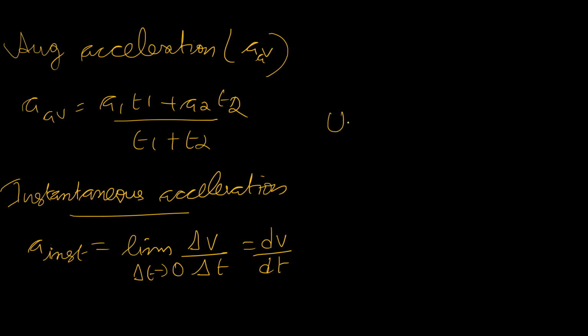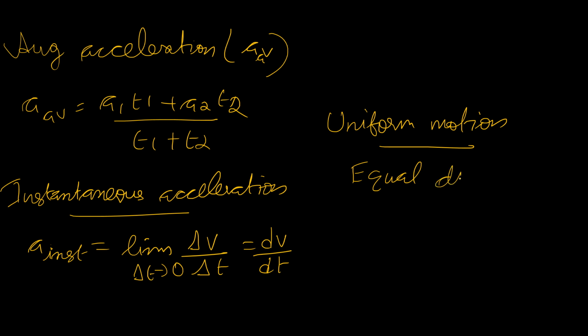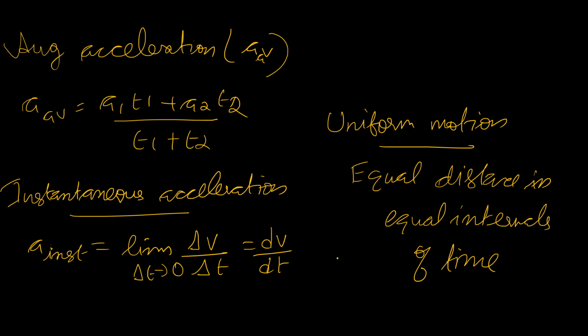Next, one important term: uniform motion. If an object moving along a straight line covers equal distance in equal intervals of time, then this is said to be uniform motion along a straight line.